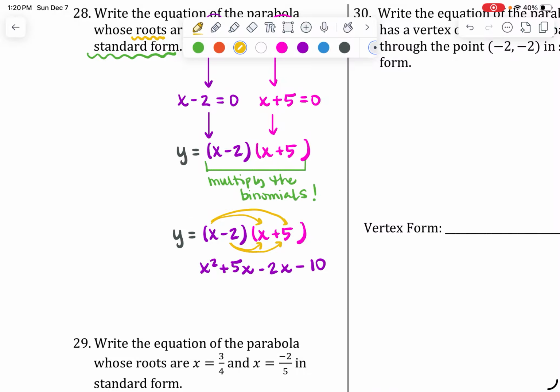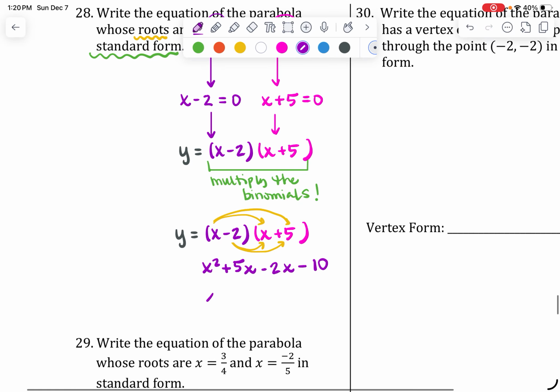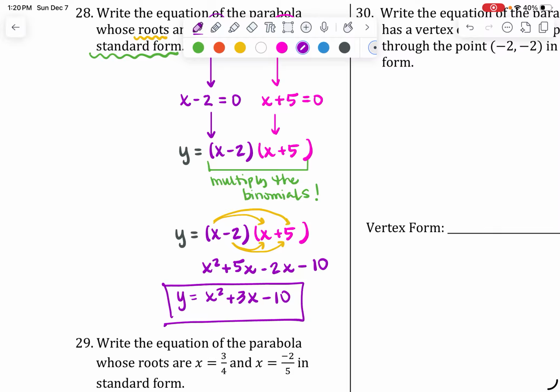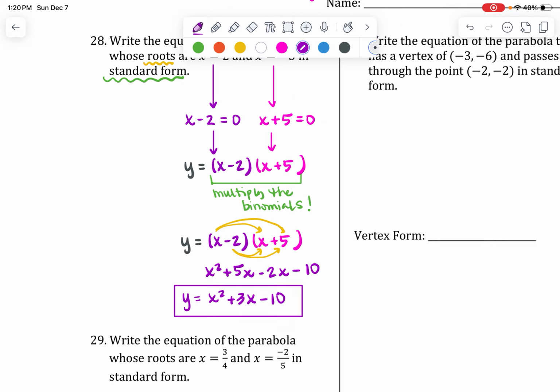And then, of course, we have those like terms in the middle that we'll be able to combine. 5x's minus 2x's is 3x's. And voila. And I'm going to bring my little y equals down. And there you have it. There is our function that gives us those two solutions.